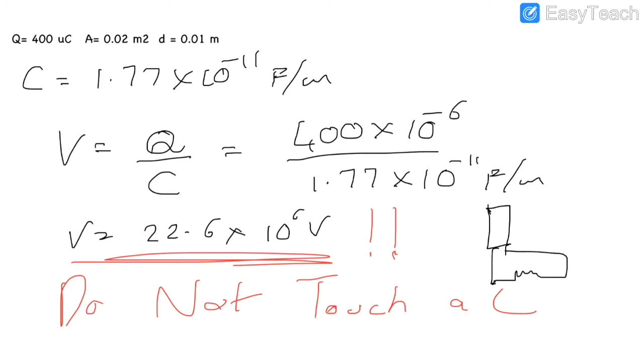If you connect a resistor, current is going to flow through it, and the energy is going to get dissipated as heat, and you're pretty much safe. Then you measure the voltage again. But please, do not touch a capacitor. It can be very dangerous. All right, let's go to our next problem.